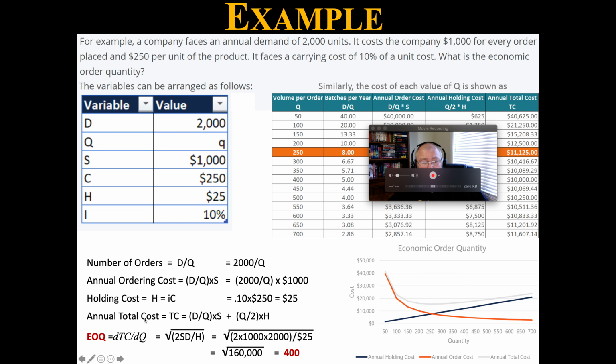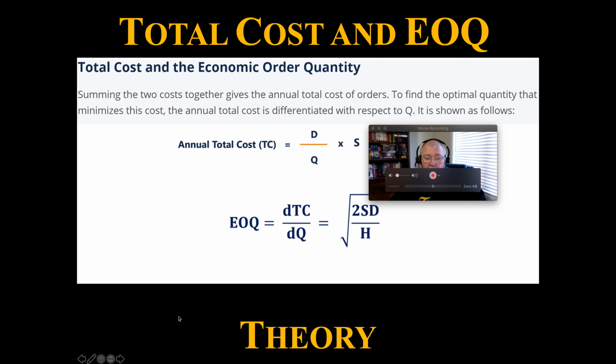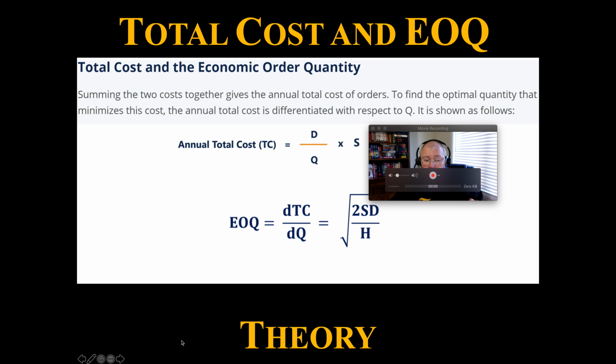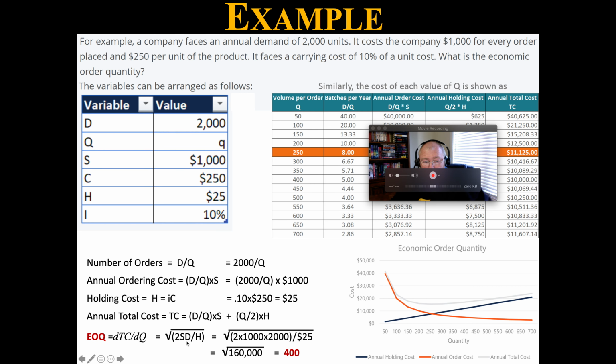And EOQ would be the derivative of the total cost with respect to Q. We found that that is the square root of 2 times S times D divided by H. And we know every one of those.